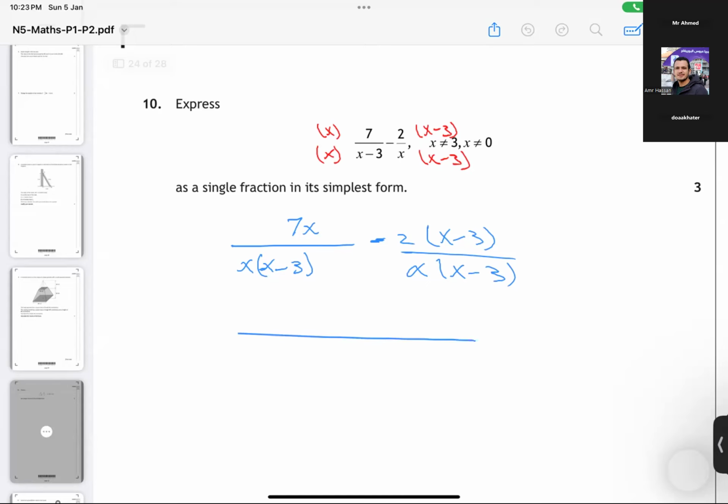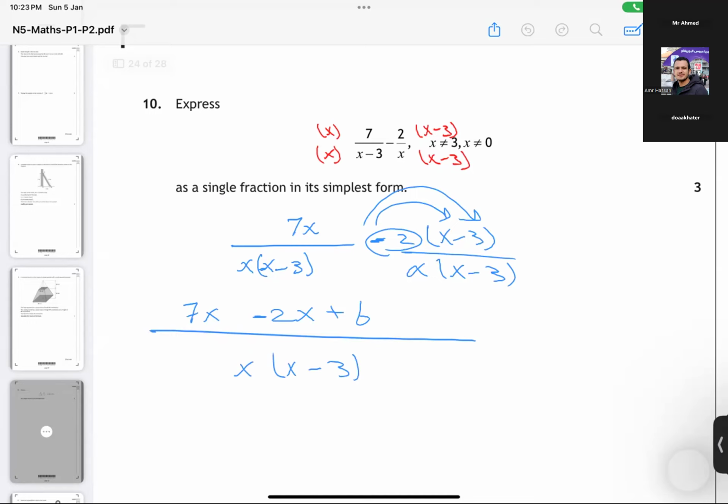So, multiply out the bracket. You meant negative 2x, and negative 6? No, wait, hold on. I made a mistake. Positive 6, we turn it into positive.